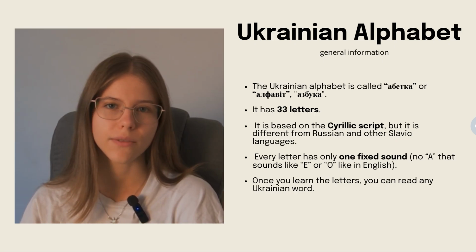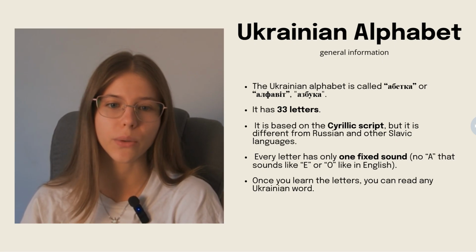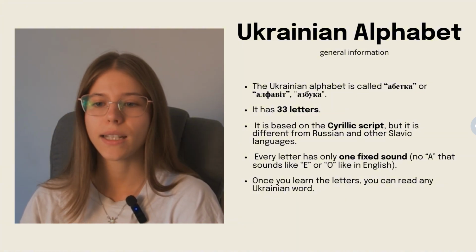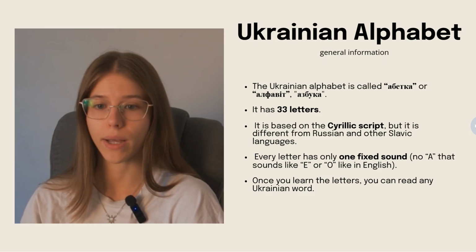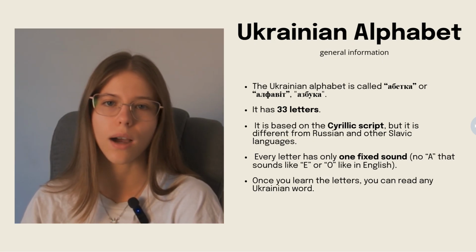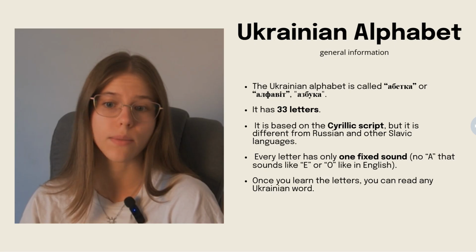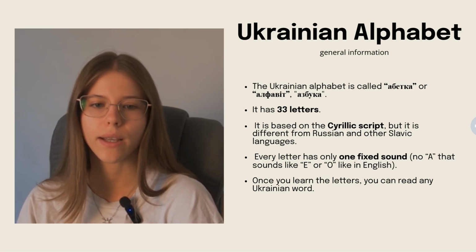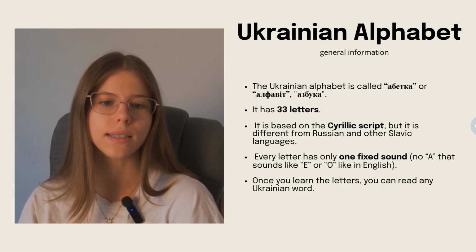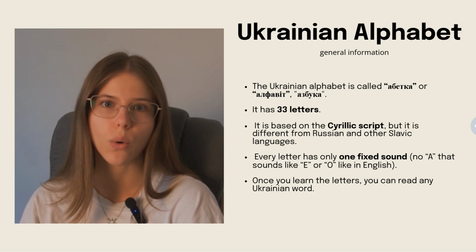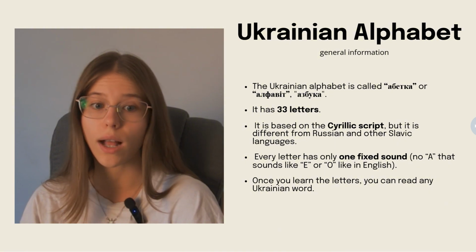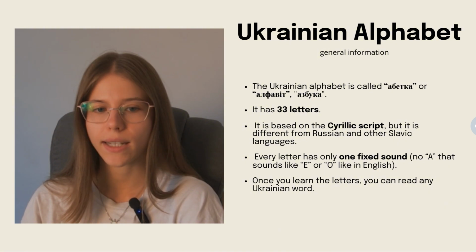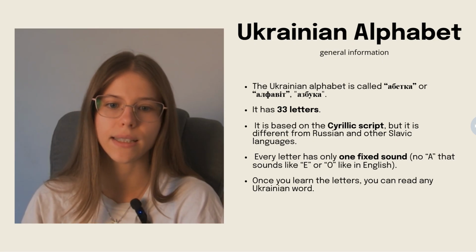We will start with the general information. The Ukrainian alphabet has 33 letters, and we can call it абетка, alphabet, or азбука, all three words are possible. You can use one of them. It is based on the Cyrillic script, but it is not the same as Russian or other Slavic alphabets. The most important thing to remember is that each letter always represents the same sound.